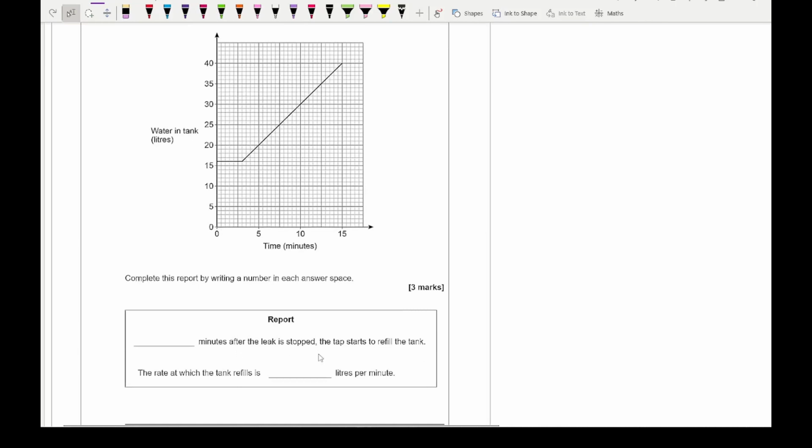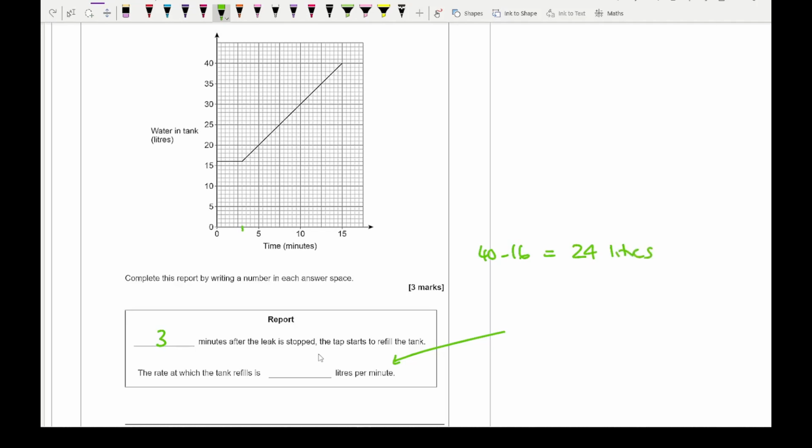Well, that's going to be there. And so each little box there represents half a minute. And so that's going to be 3 minutes. And it says the rate at which the tank refills. So then what we need to do is work out the rate. So at this point, the litres that's been filled is going to be 40 take away 16, which is 24 litres.